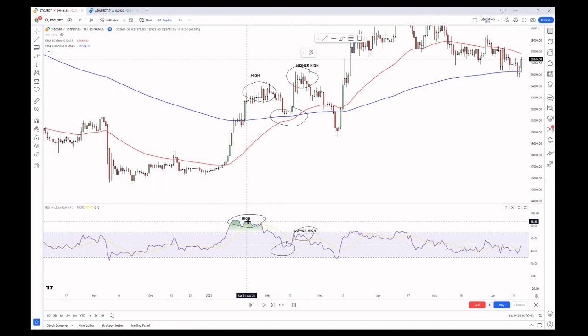So in this case, from high to lower high, and on the chart from high to higher high. If that line is from high to higher high on the chart and from high to lower high on the RSI, it means it's a bearish divergence. So that could signal a down move or further downside, which it did in this case.